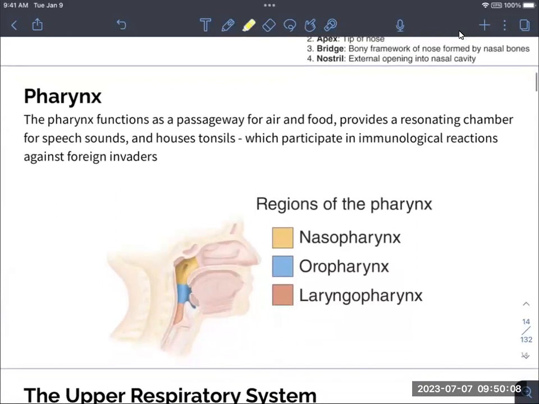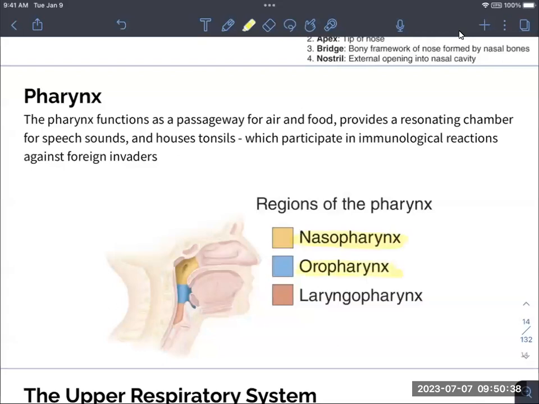So our pharynx is the next area. Our pharynx is the opening between your nose, the back of your throat, and down into the esophagus or trachea. It's named for the region it's located in, like the nasopharynx, that's at the back of the nose.